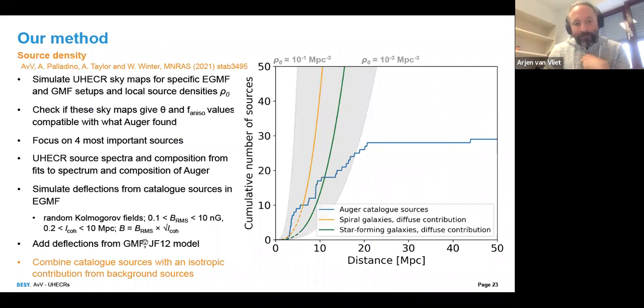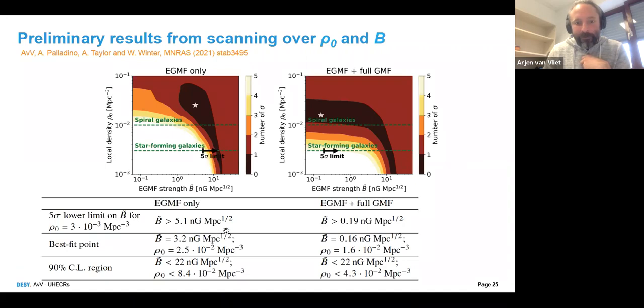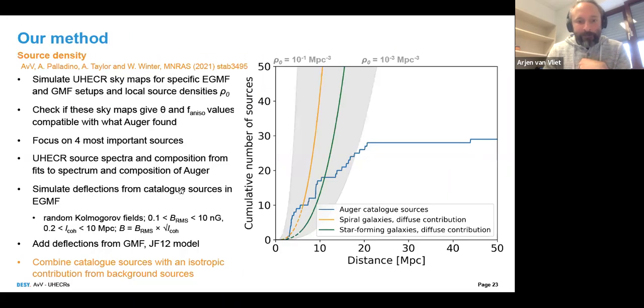This parameter that we show here is actually not just a magnetic field strength, but a magnetic field strength times the square root of the coherence length. In principle, you have both the magnetic field strength and the coherence length that you have to take into account for these magnetic fields. But what actually influences the deflections of cosmic rays is the magnetic field strength times the square root of the coherence length.